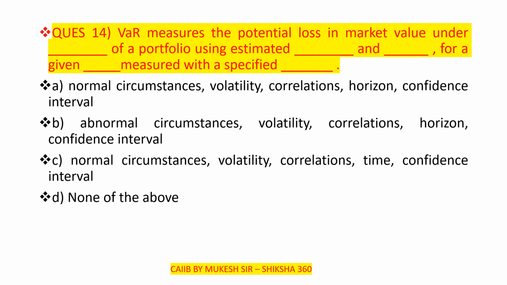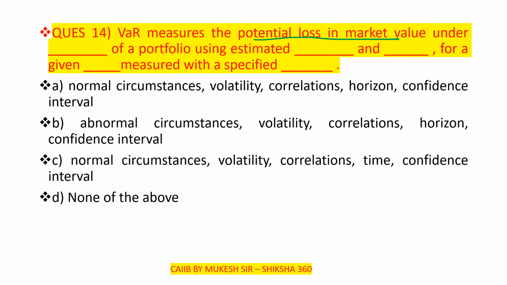So value at risk, VAR, measures the potential loss in market value of a portfolio using estimated dash for a given dash measured with the specific dash. Please tell which option we have to fill in the given question.